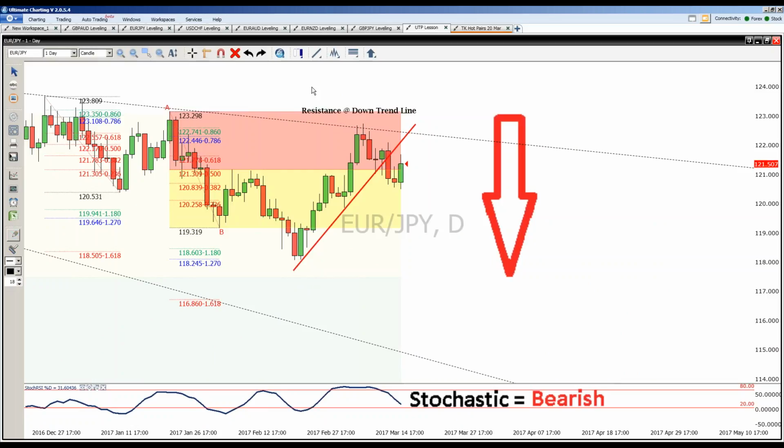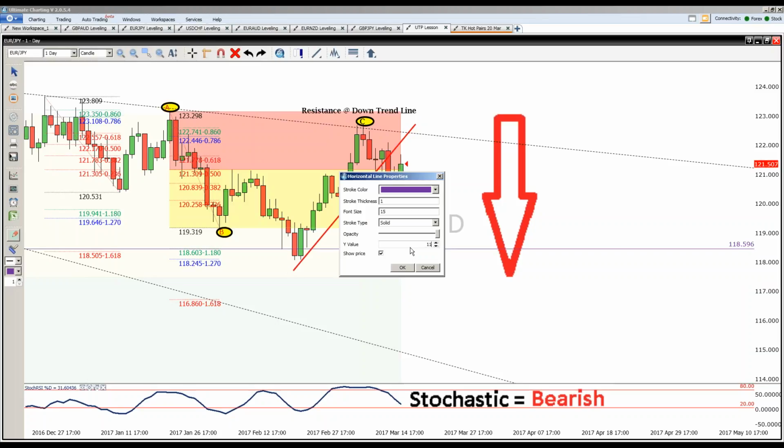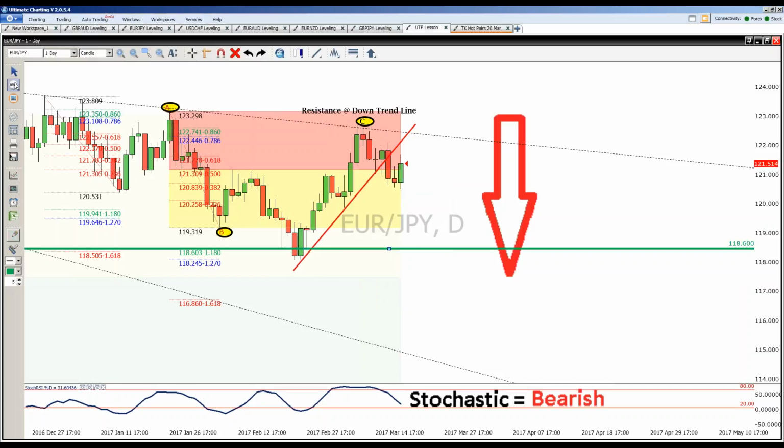We have an A at 123.29, we have a B at 109.31, and now we have a deep C, and that deep C is at the 8.6 retracement level. There we go. And if the market retraces to the 8.6 retracement level, then the D extension is going to be the 1.18 at 118.60. So that will be the D.